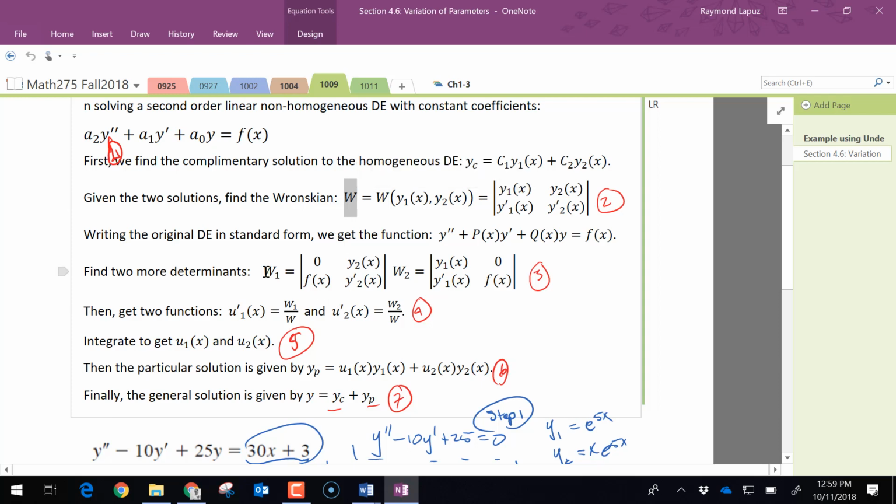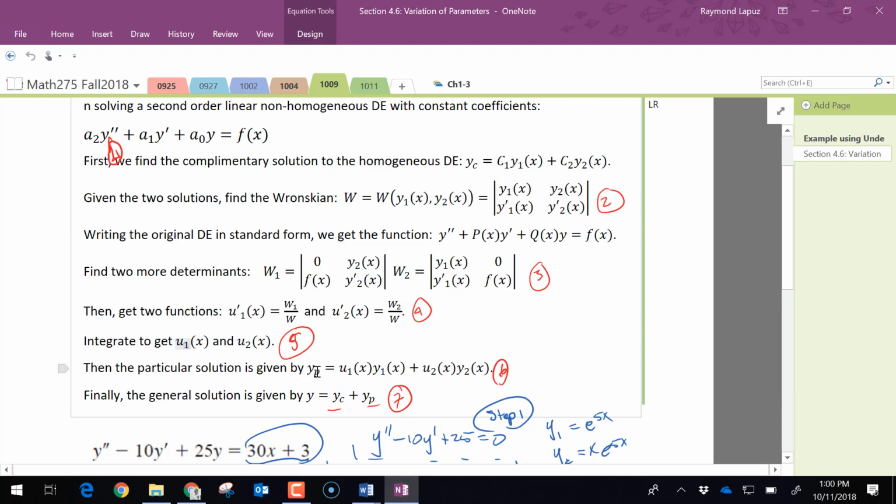Step 3, you find W1 and W2, which is a slightly modified Wronskian to help us use Cramer's rule to solve for the system. And step 4, we divide W1 by W and W2 by W, and we're going to get two new functions, u1 and u2, actually u1 prime and u2 prime. And then from there, step 5, we integrate that to get u1 and u2.